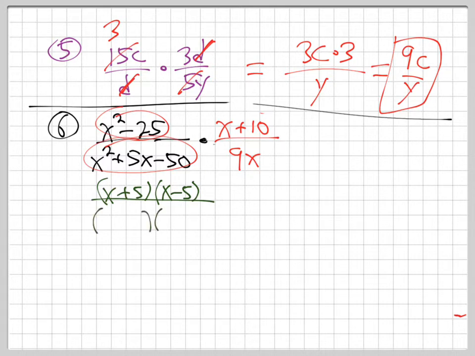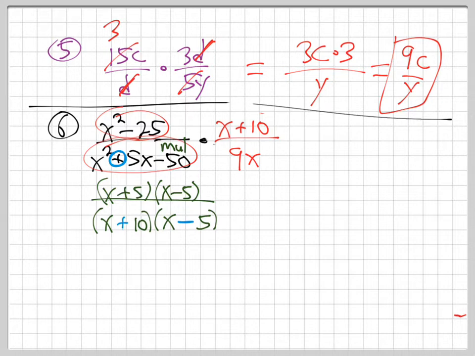On the bottom, we're looking for two numbers that multiply to be 50. So what times what's 50? 10 and 5. And how do the signs go? Remember the trick on the signs? Sign in the middle goes on the bigger number. Plus goes on the 10, and the minus on the 5.